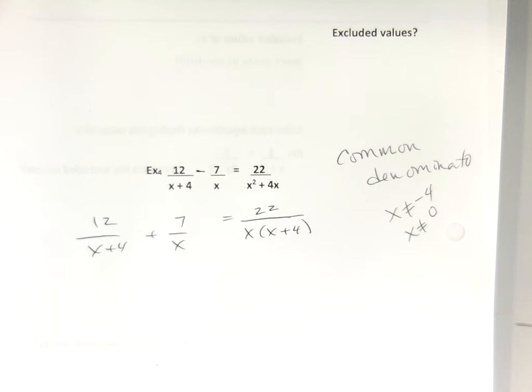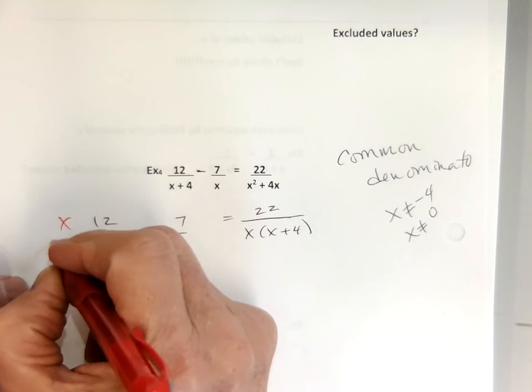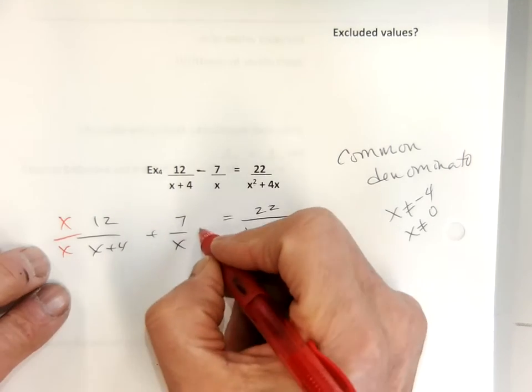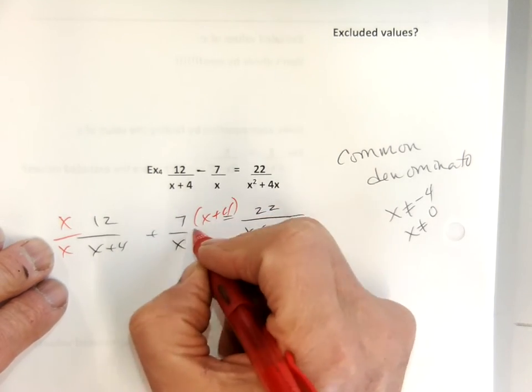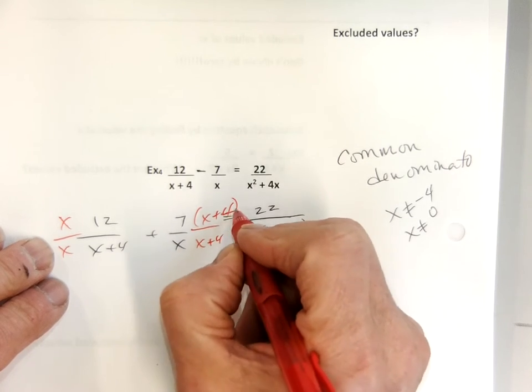Okay, so let's get a common denominator. What does this one need? This one's got an x, so this needs an x over an x, right? What does this one need? X plus 4, right? It needs an x plus 4 as one term. So I'm going to multiply this one by x over x, and this one by an x plus 4 over an x plus 4, okay?